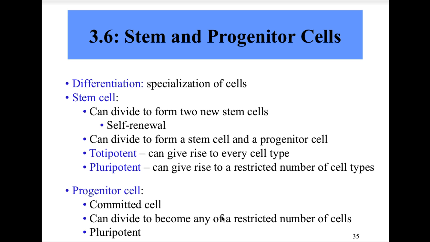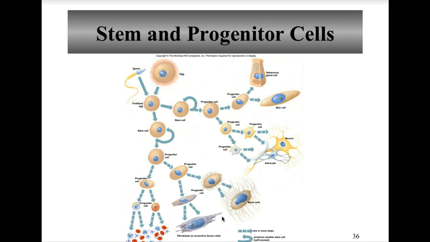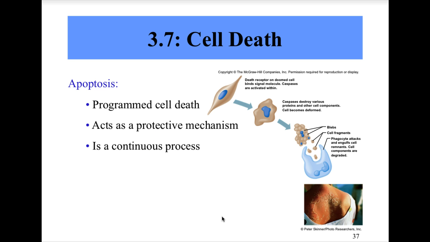On the opposite side of generating and specializing cells, you also have the process of apoptosis, or cell death. Apoptosis, which is programmed cell death, is a fast, orderly, contained destruction of cells that packages the cellular remnants into membrane-enclosed pieces that are removed.